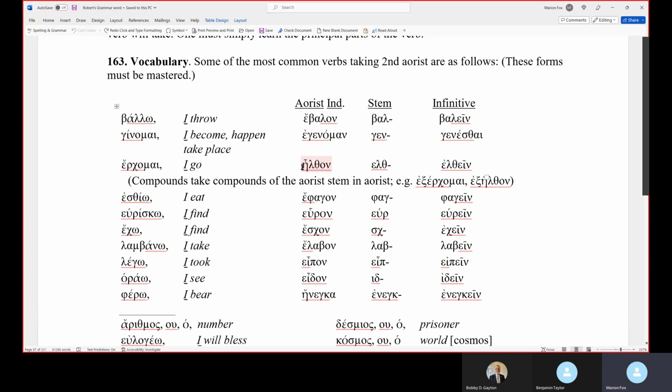It doesn't even look like it. It's like go, went, gone. They don't even look like go in English. Your stem is elth, epsilon, lambda, theta, and there's your basic stem. Then they add the epsilon iota nu with the circumflex to make it an infinitive. So you have to know what that stem is.